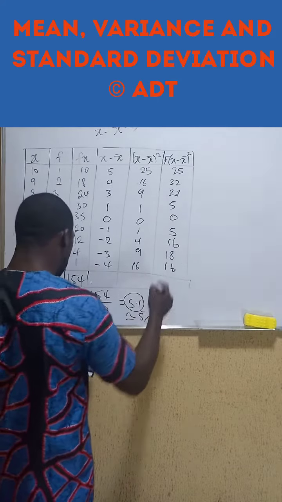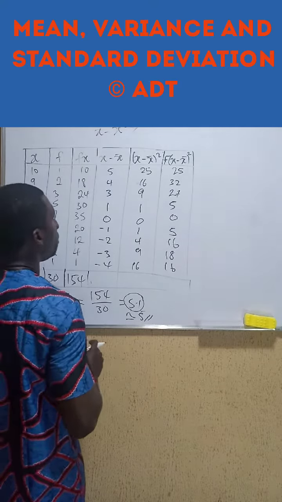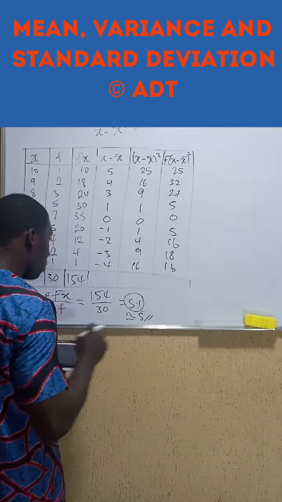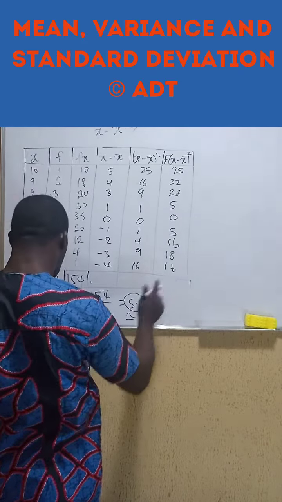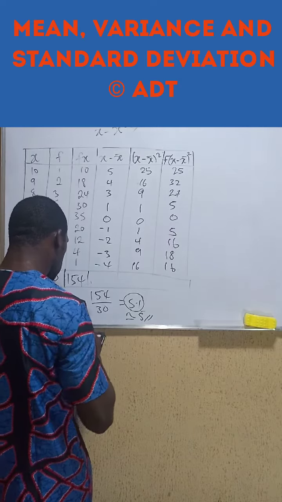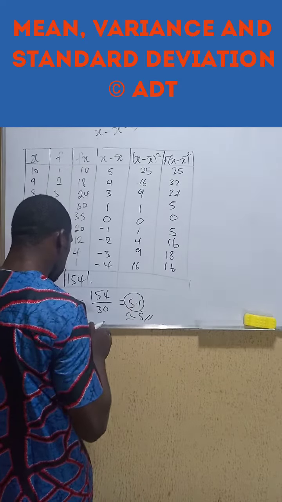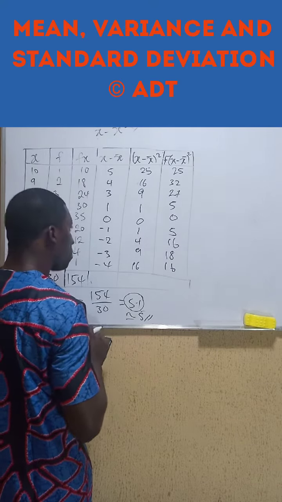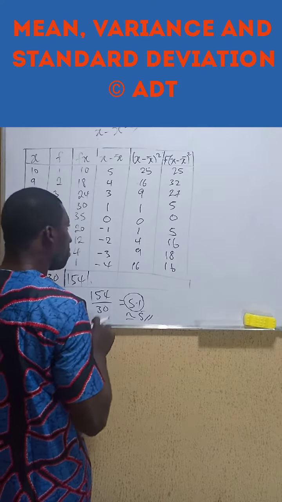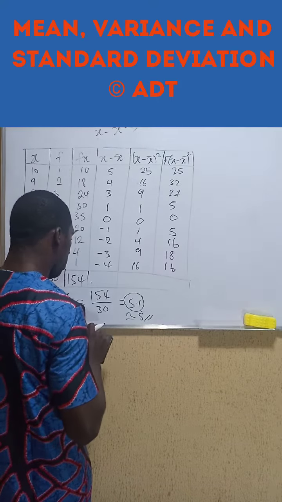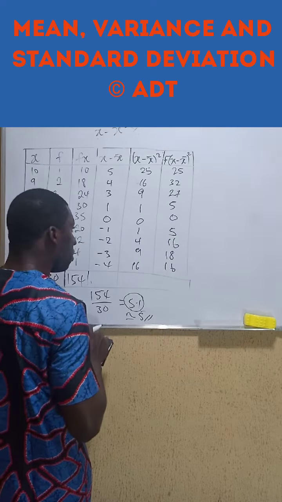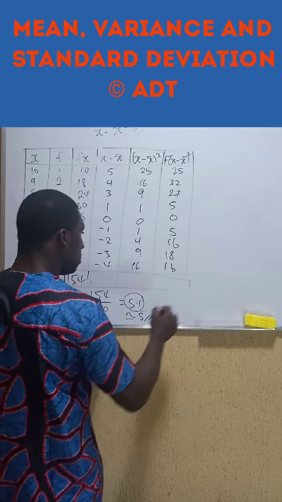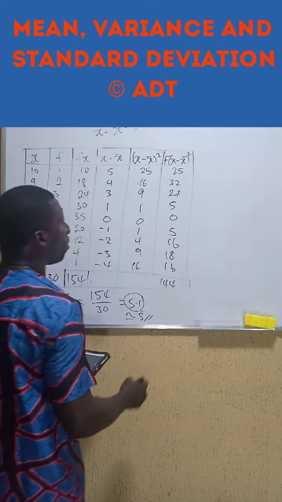So we're going to find the sum of these things and write it here. If we do that, 25 plus 32 plus 27 plus 5 plus 0 plus 5 plus 16 plus 18 plus 16 gives us 144.